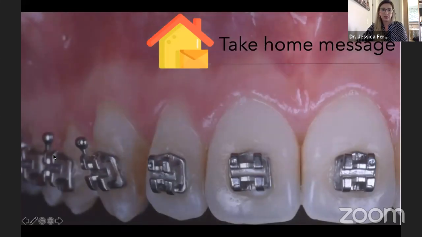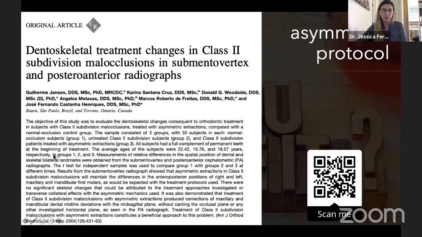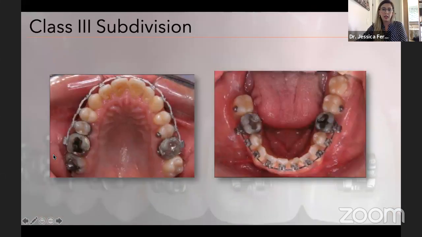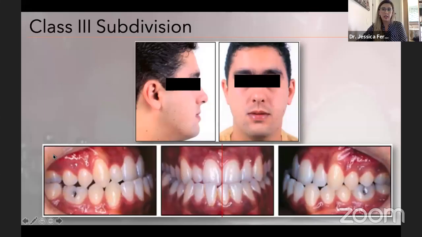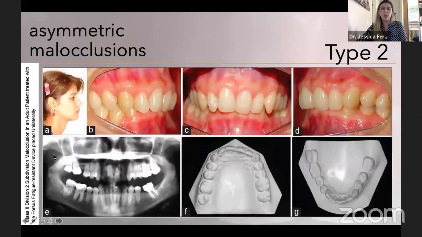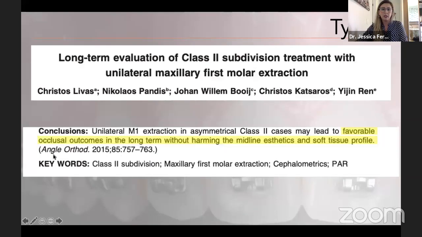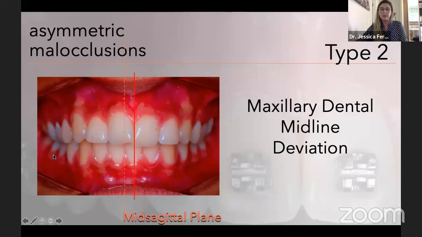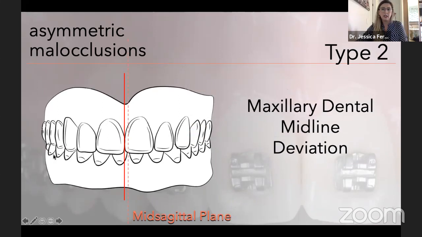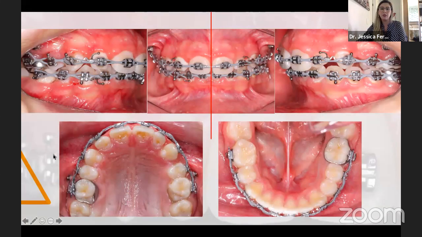This article, the three-dimensional one, explains this classification of type 1, type 2, and describes the skeletal and dentoalveolar asymmetries.